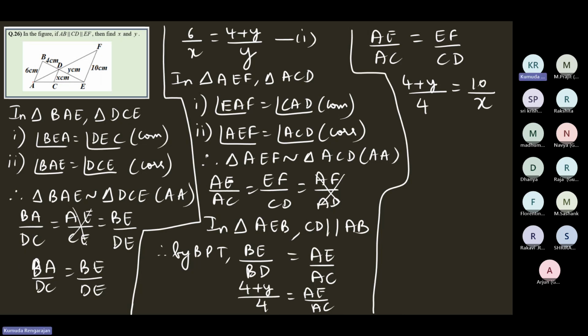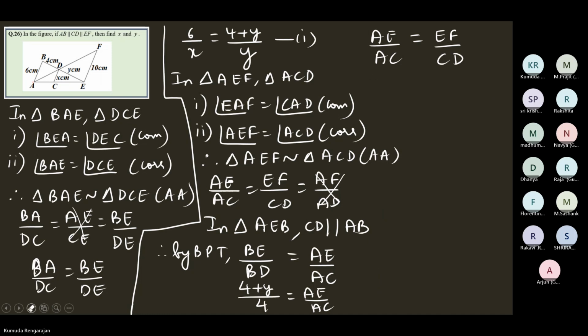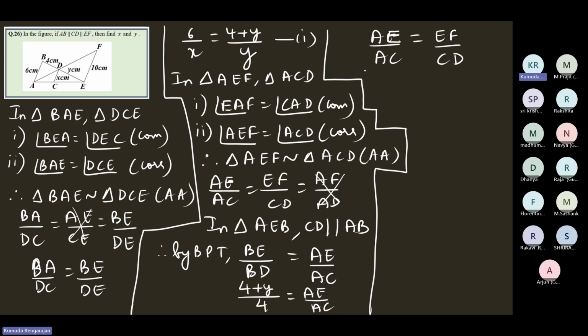So this one is 2. I'll just write this again. Yeah, AE by AC is 4 plus Y by 4 is equal to EF is 10 by CD is X. And call this 2. Call this 2.